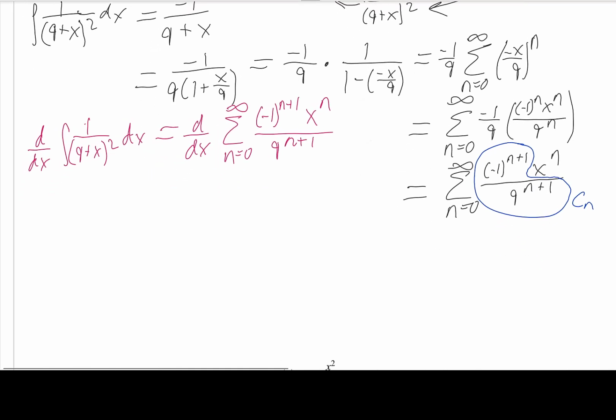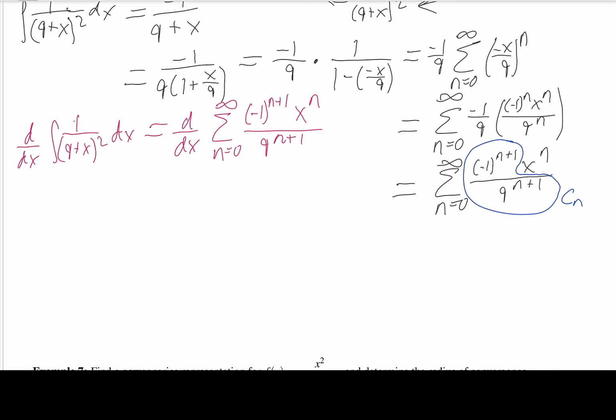Okay. So then by our rule for derivatives on series, we'll get 1 over 9 plus x squared is equal to, alright, so let's look at this. This is a x to the n. So when we start at n equals 0, we're going to start this series out with a constant.